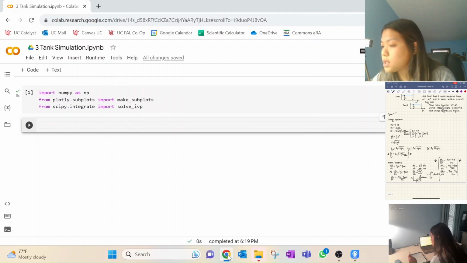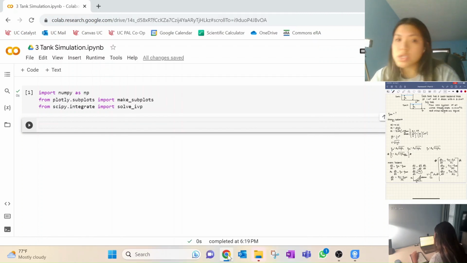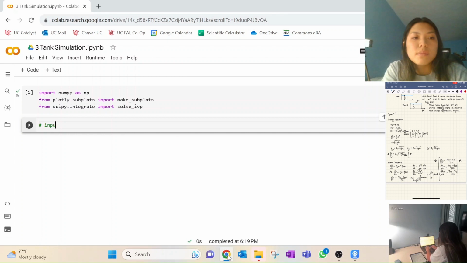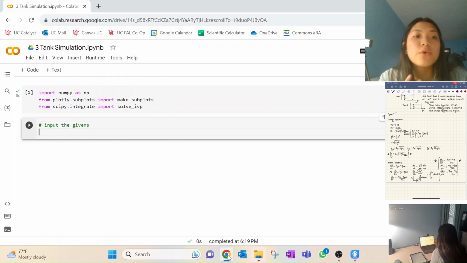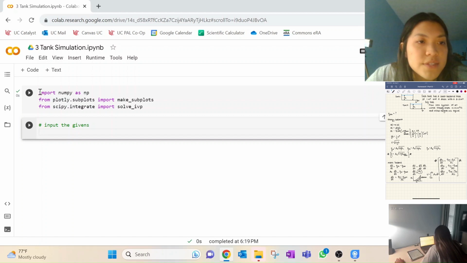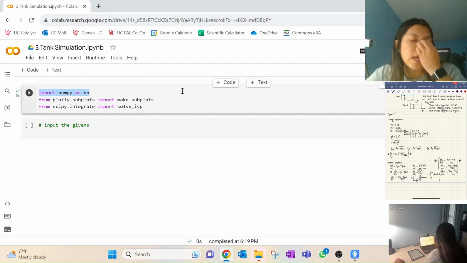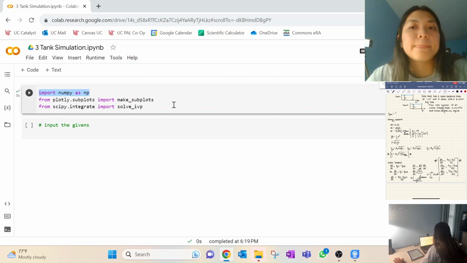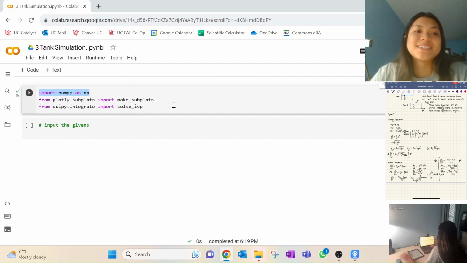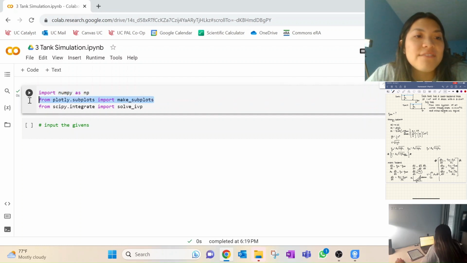The first thing that we're going to do is input givens. Actually, to back up a little bit, before we input the givens, we have already imported the packages that we need. The first one here, numpy as np, is a mathematical package that allows us to do basic mathematical functions. Then from plotly.subplots, we import make_subplots.